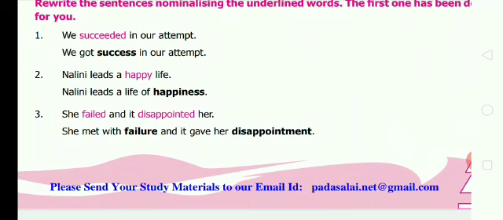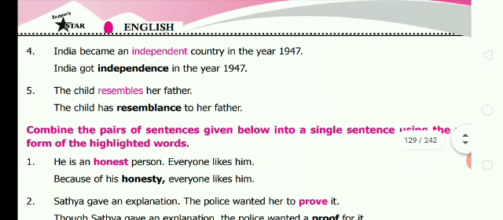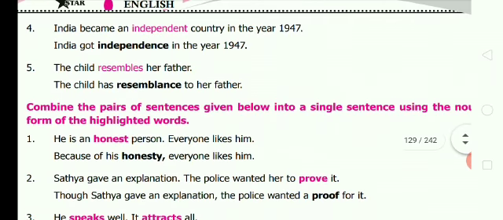She met with failure and it gave her disappointment. Fourth one. India became an independent country in the year 1947. So India got independence in the year 1947. Fifth one. The child resembles her father. So resembles is verb. The child has resemblance to her father.